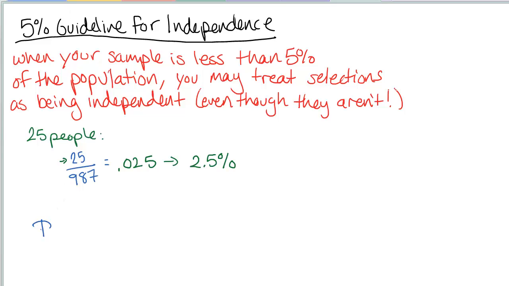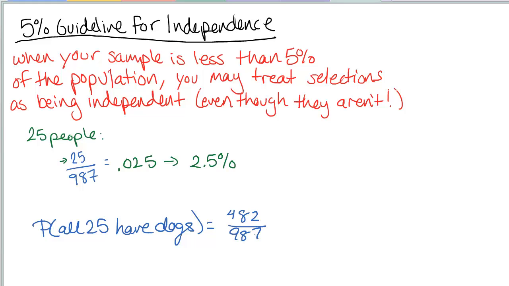So in this case, when we do the probability that all 25 have dogs, we can just say, all right, we're going to have 482 out of 987 times, and these are all going to be the same. We don't have to worry about changing it each time.